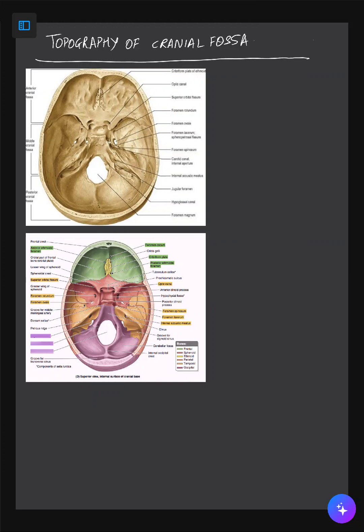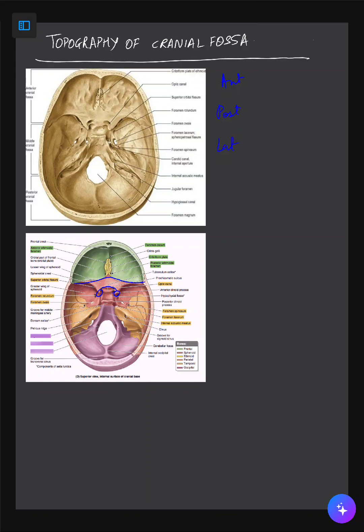Now, what about the middle cranial fossa? Now, this is the middle cranial fossa. Borders are anterior, posterior and lateral. Anteriorly: the posterior border of the lesser wing of the sphenoid bone, anterior clinoid process, and anterior margin of sulcus chiasmaticus.